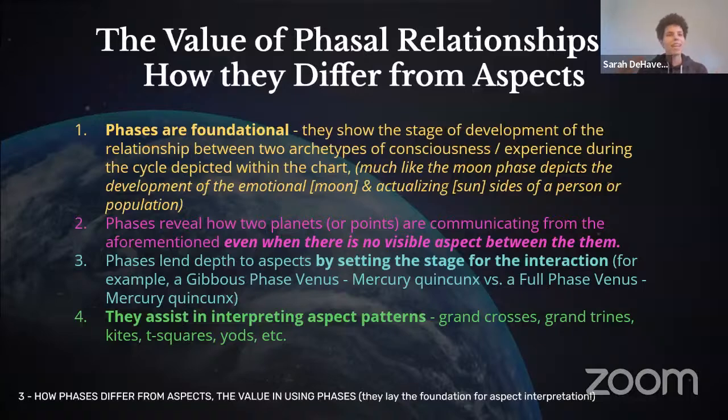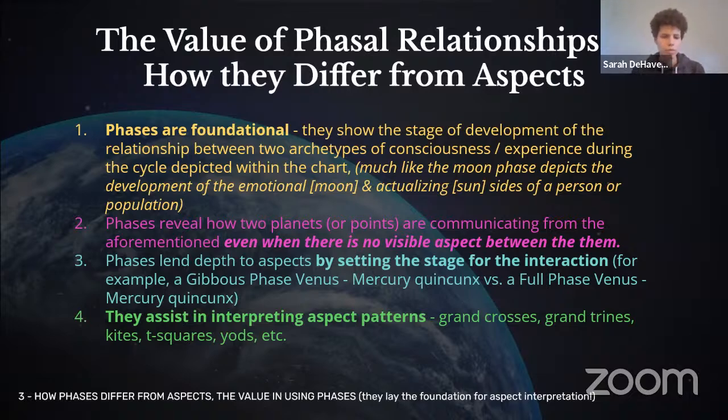So when somebody has a 0 degree, especially an applying sesquiquadrate between two planets, say Mars and Pluto, trust me, most of them will tell you they feel it. It's not as obscure as some may think, so it's worth your consideration. These gates of phases, we'll get more into this too.